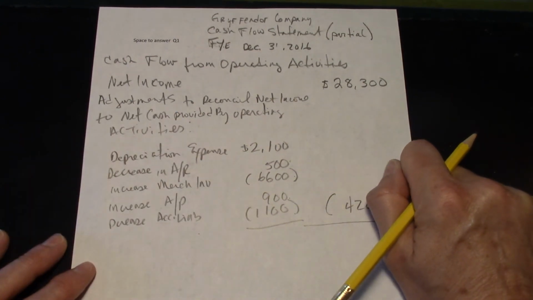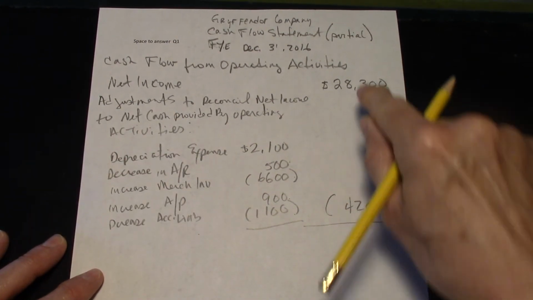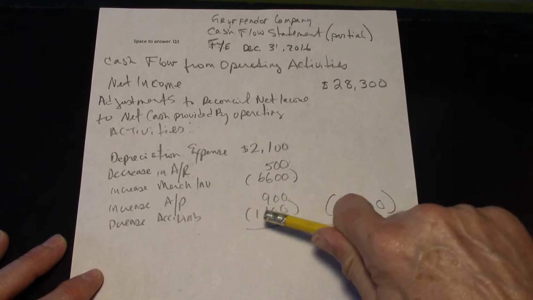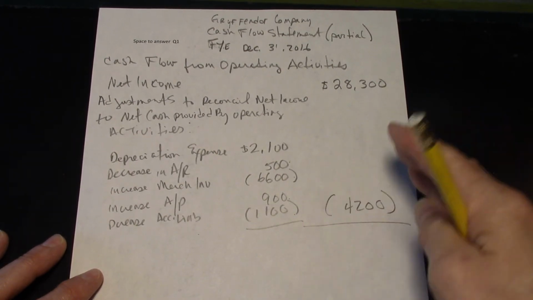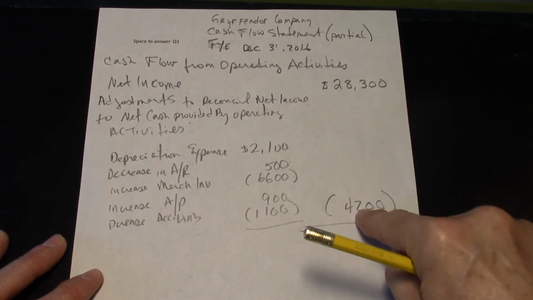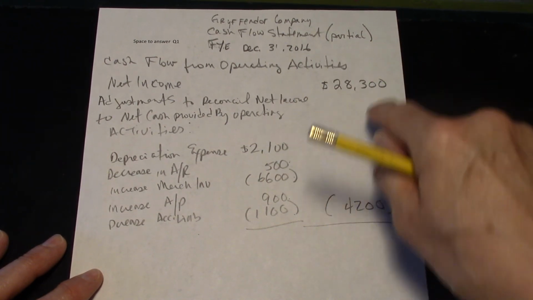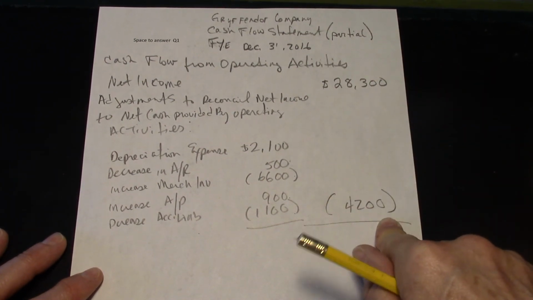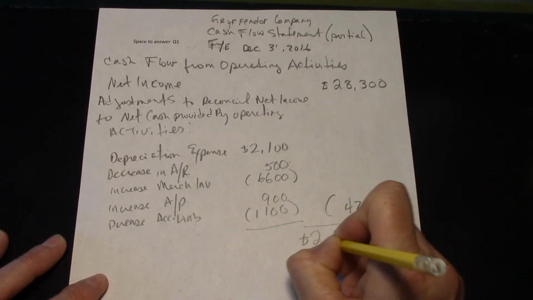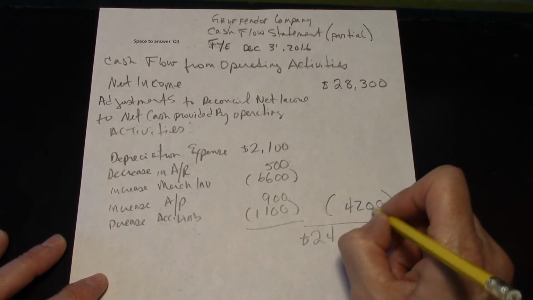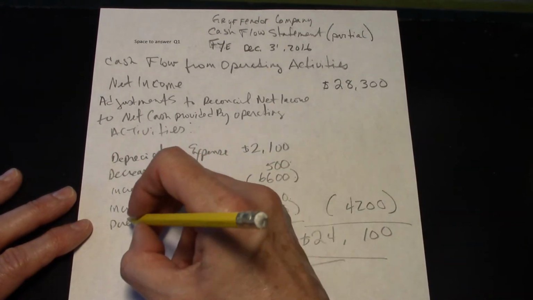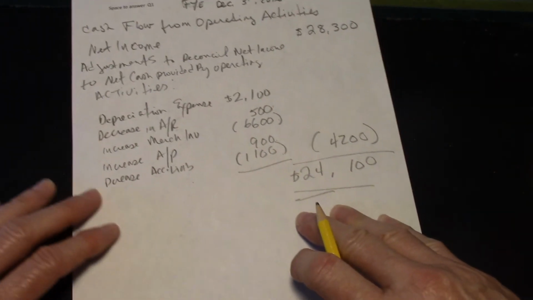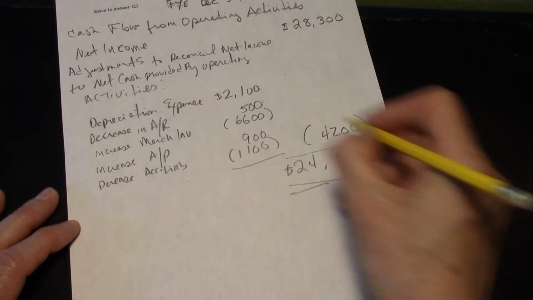And then you subtract that. So negative 4,200, you subtract that. If these had added up to be a positive number, this would be an add. In this case, we're subtracting it. 28,300 minus 4,200 is 24,100. And that is what's called net cash flow from operating activities.